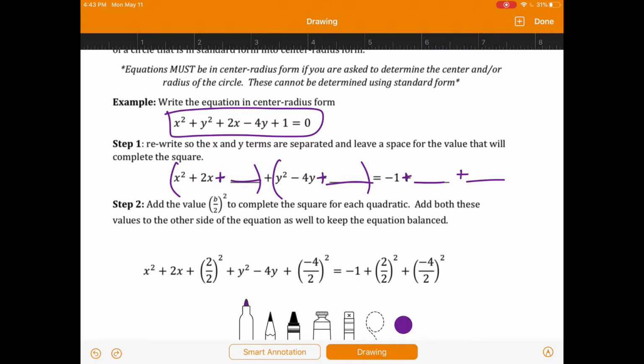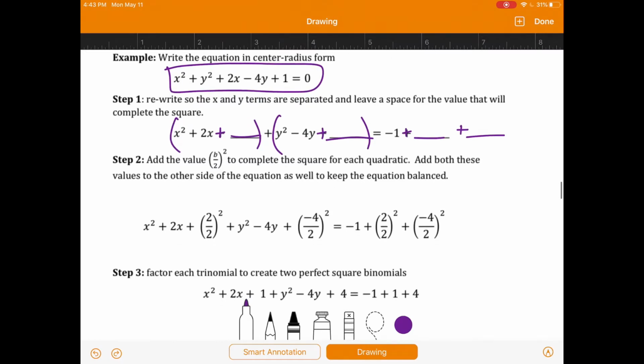So what we're going to do is first try to figure out what goes in these blanks. We're going to take the middle value, 2, for the x part, and divide it by 2 and then square it.